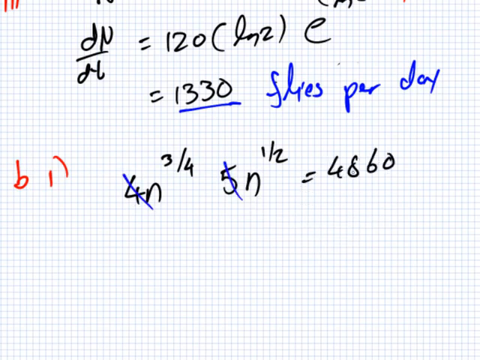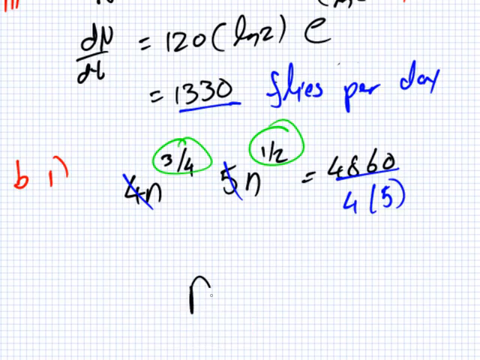So you can take the 4 and the 5 underneath on the right, and then on the left we can add the powers together. So we get n to the power 3/4 plus 1/2, which is 5/4.